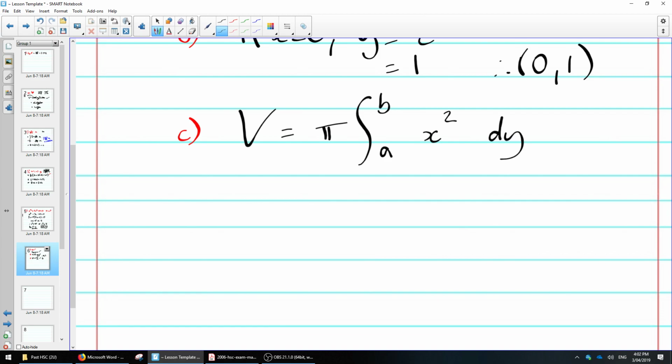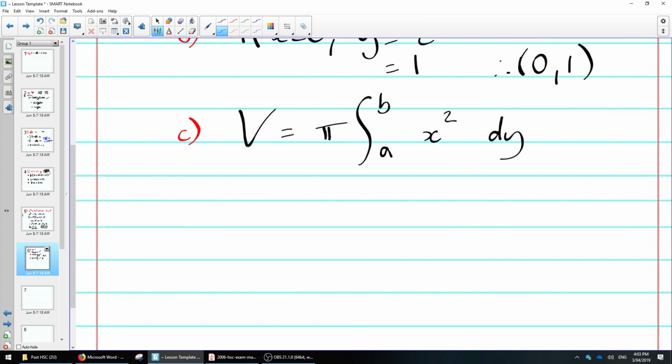That's in general what it's going to be. That's not the answer. But when we're rotating around the y-axis, we need x squared. We have pi, and our a and b are not going to be the x boundary points. We're looking for the y boundary points. If you did 0 and ln 5, you're looking at the x-intercept. We're rotating around the y.